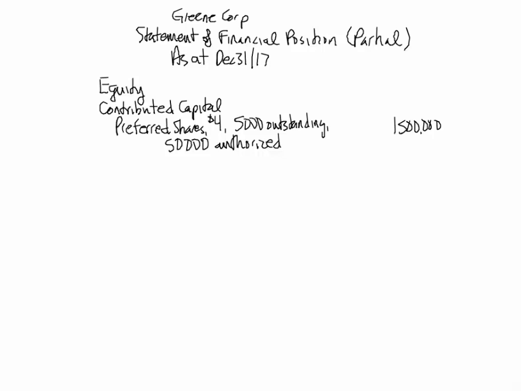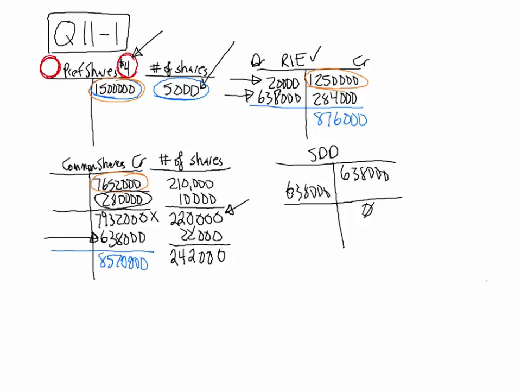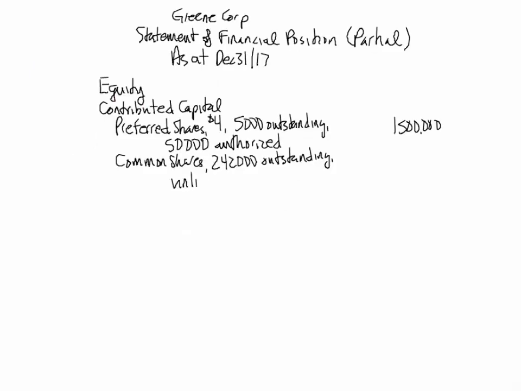Right? So you can see this is what the statement would look like, right? And notice I've got the contributed capital first. So then I do common shares. And again, I go back to my T accounts because it'll tell me that 242,000 are outstanding. That's where I get my number. Unlimited authorized.